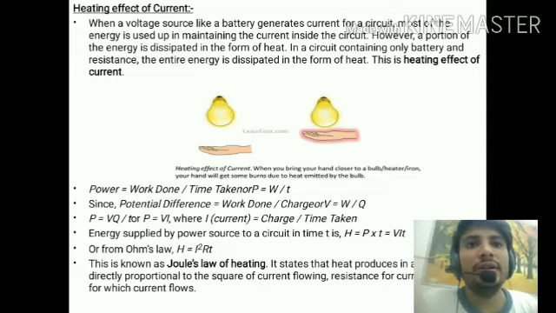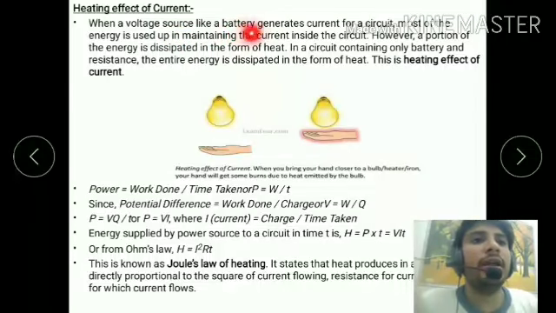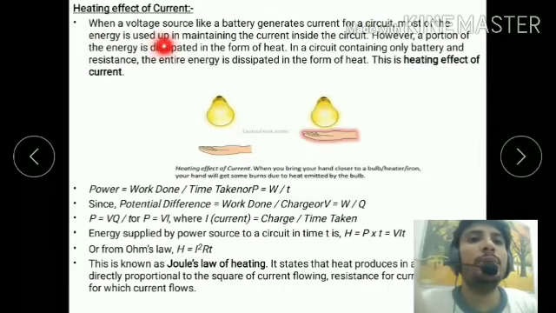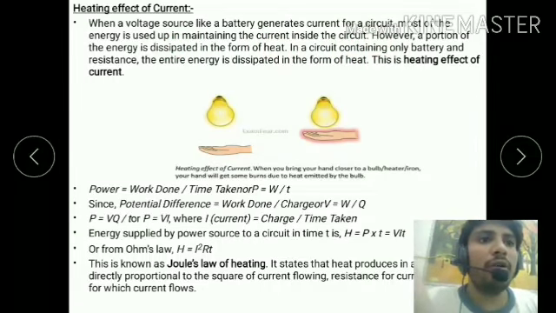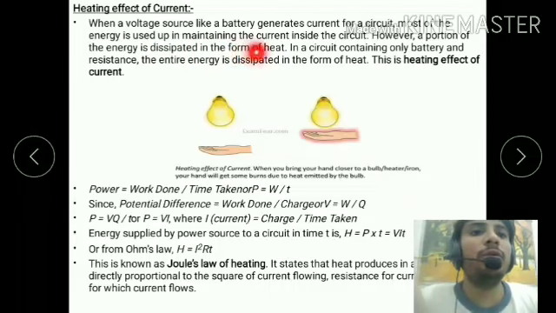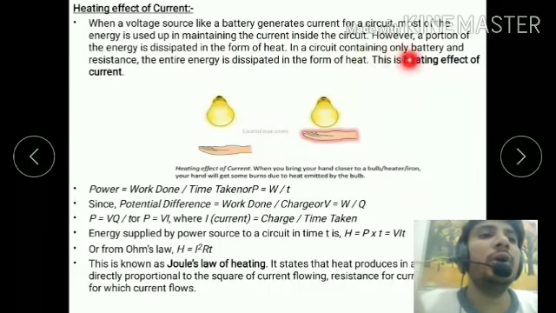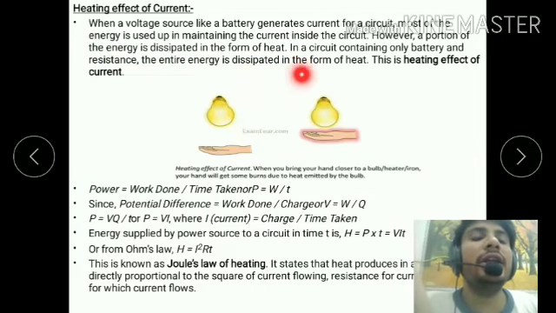Just see the theory. When a voltage source like a battery generates the current for a circuit, most of the energy is used in maintaining the current inside the circuit. However, a portion of the energy is dissipated in the form of heat. In a circuit containing only a battery and resistance, the entire energy is dissipated in the form of heat.